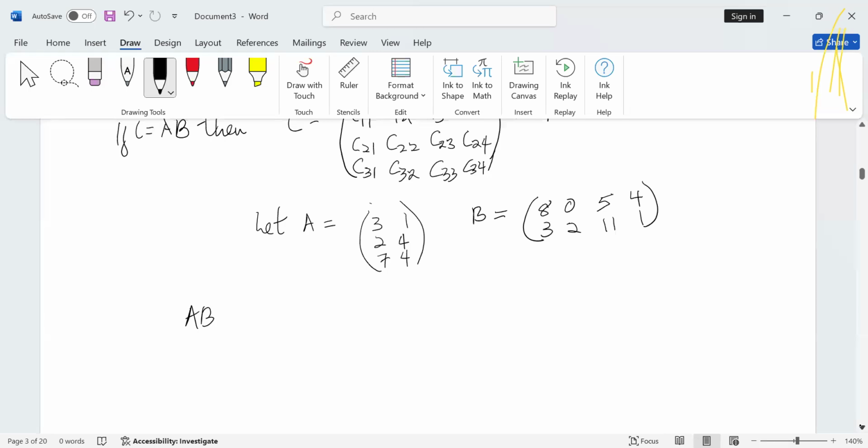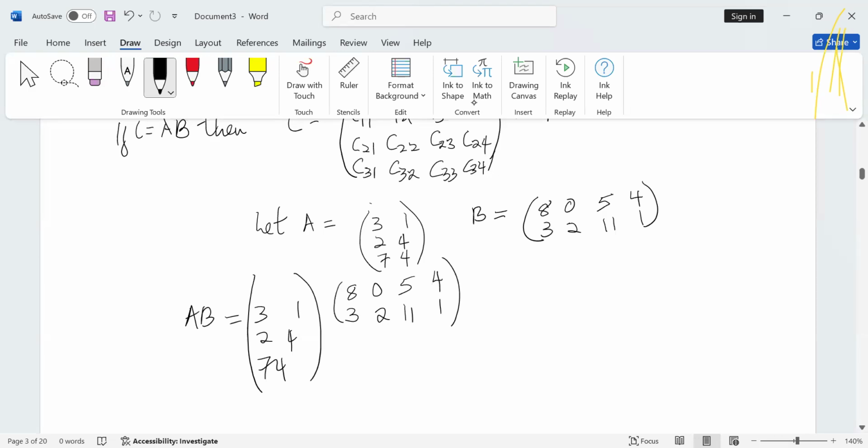AB will be equal to 3 times 8 plus 1 times 3. Row 1, column 1. 3 times 0 plus 1 times 2. Row 1, column 2.